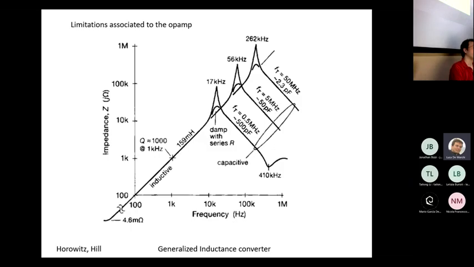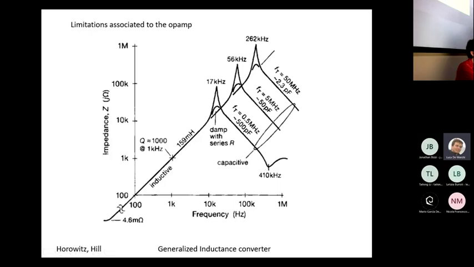So what happens in practice is that the true inductive behavior, so the linear relationship between the impedance and frequency in an Antonio circuit, is valid just up to limited frequencies.